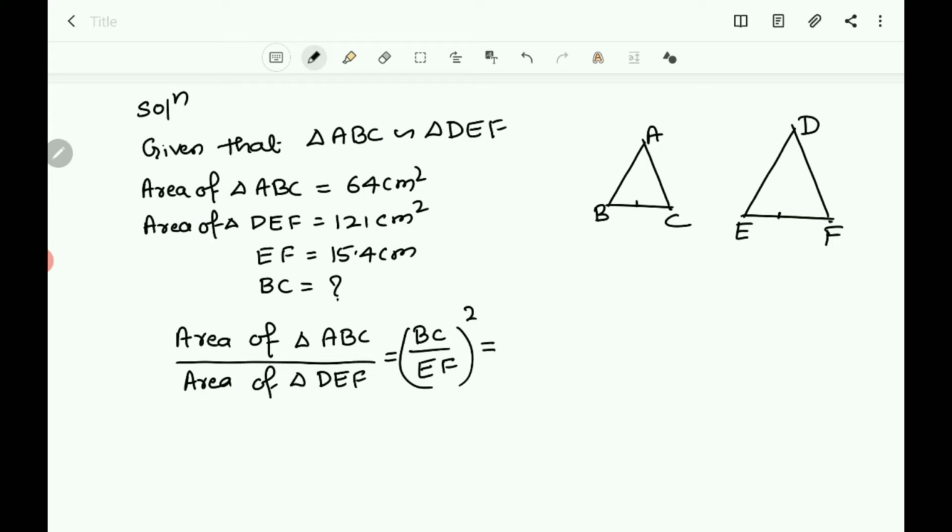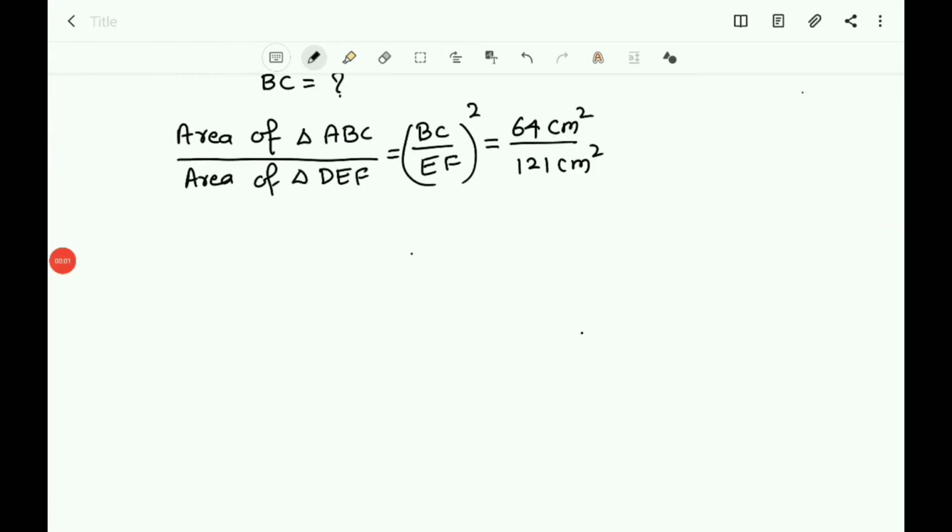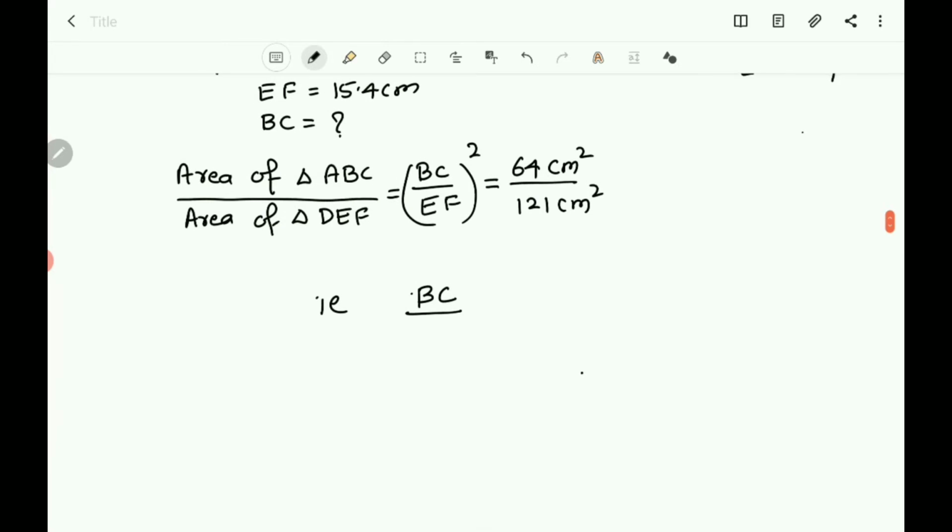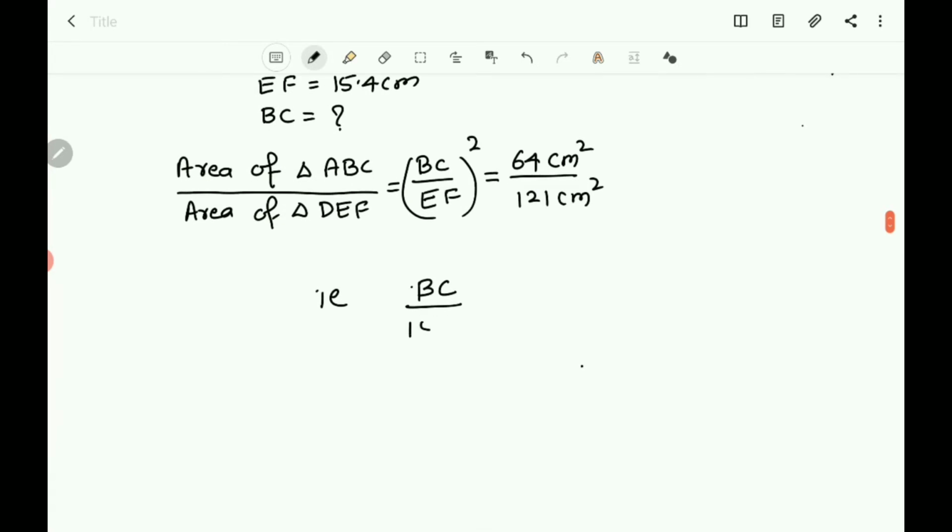Area of triangle ABC is 64 cm square and area of triangle DEF is 121 cm square. BC is not given, so you write BC only. BC by 15.4 cm whole square, that is equal to 64 by 121.